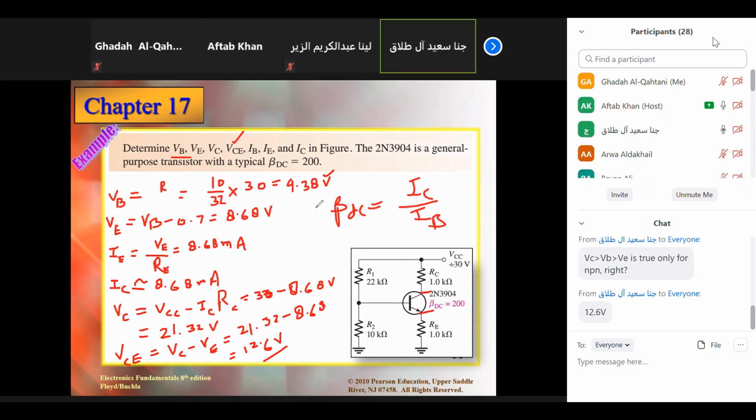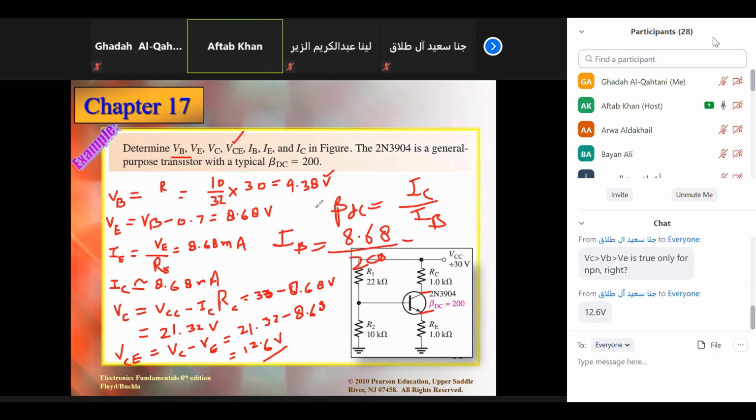Yes, it's given. So calculate IB, which is IC, 8.68 divided by 200. Check it now. And 8.68 is already in milliampere. Yes, 43.4.